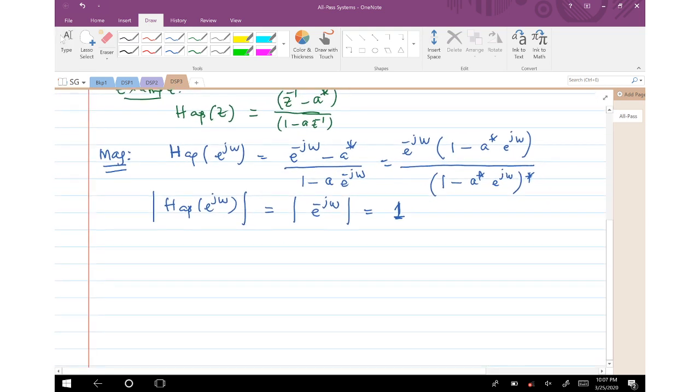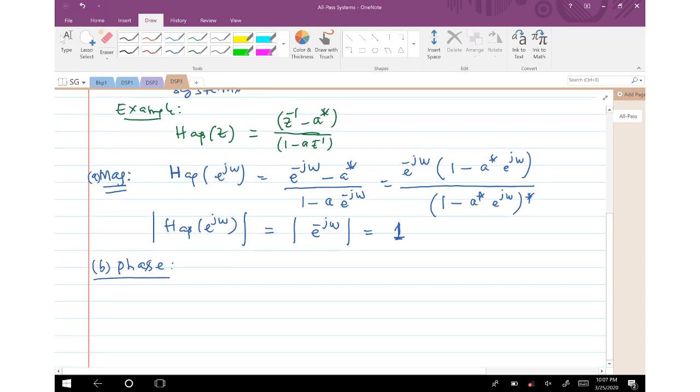Let's take a look at the phase of this function. What would be the phase of this transfer function? How can we compute that?